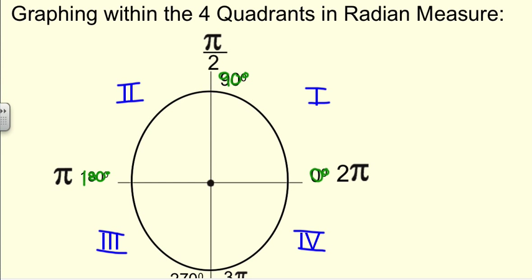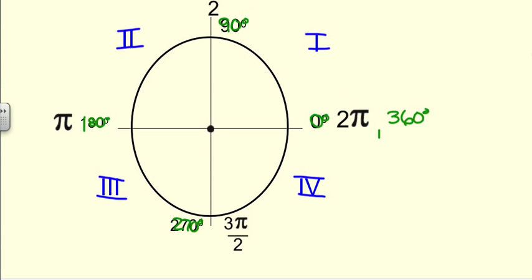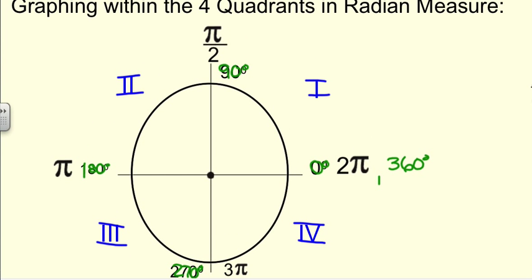If I go another 90 degrees, I'm at 270 degrees down here. And then all the way back around, 1 revolution around this circle is 360 degrees. If I were to change those angle measures from degree measure to radian measure in the form of pi, here would be 0 radians, how it starts off.